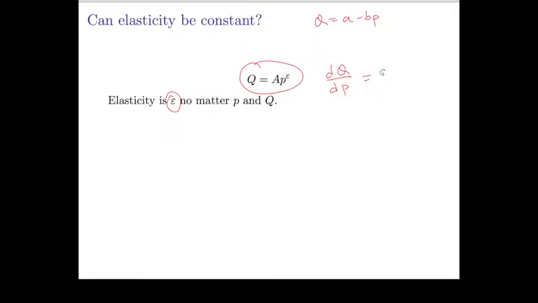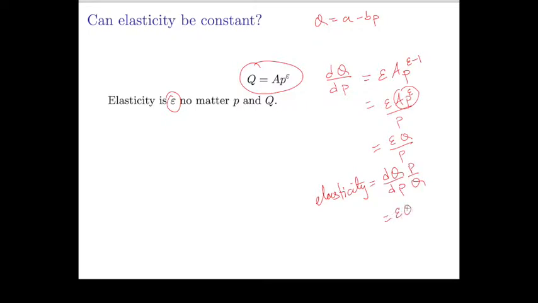Well, that's just going to be epsilon times A P to the epsilon minus 1, which is just epsilon A times P to the epsilon divided by P. But that's just epsilon times Q, remember this is just Q. If you want to calculate the elasticity, it's just dQ/dP times P over Q, which is epsilon Q over P times P over Q. The P's cancel out, the Q's cancel out, so we just end up with epsilon.